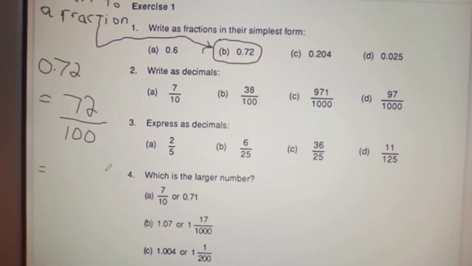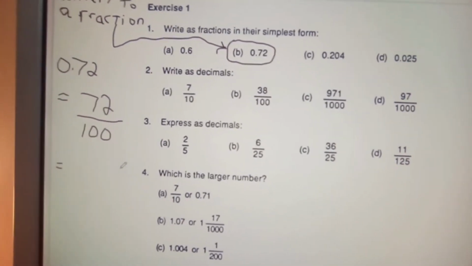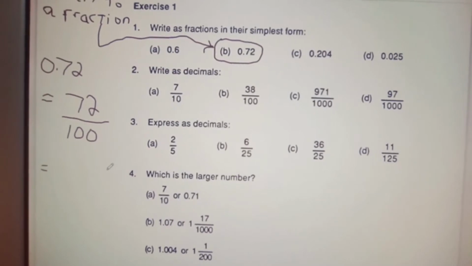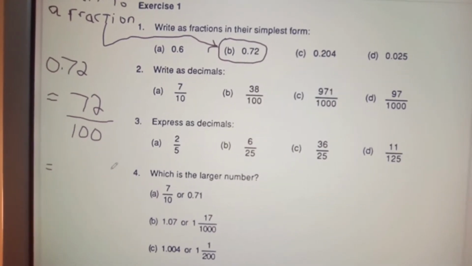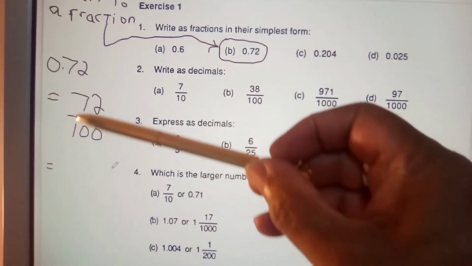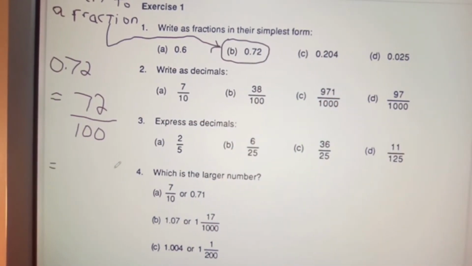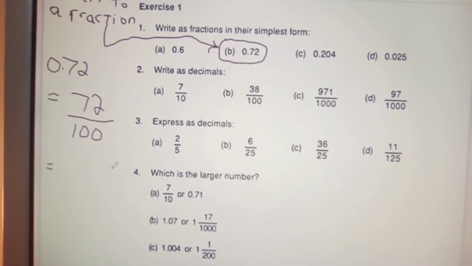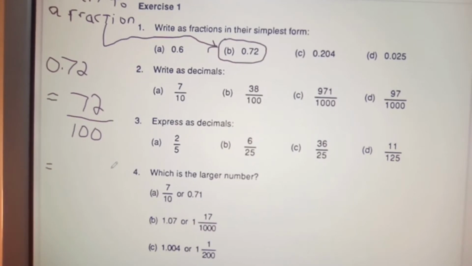If we try to imagine for a moment that we find a number that will go into 72 and 100. Sorry about that. So let's see what we can come up with.